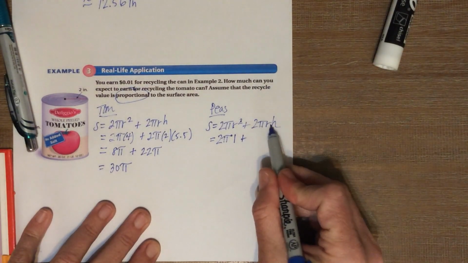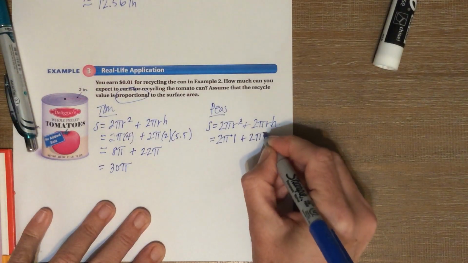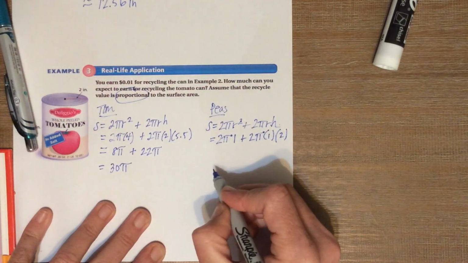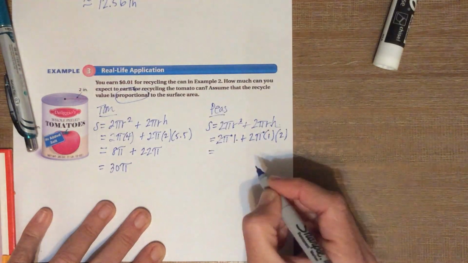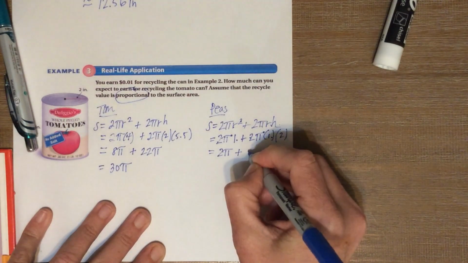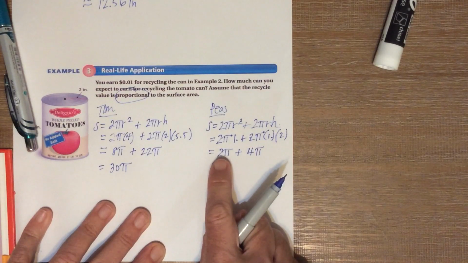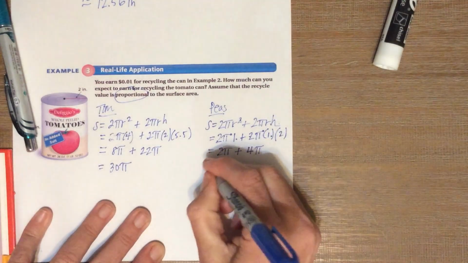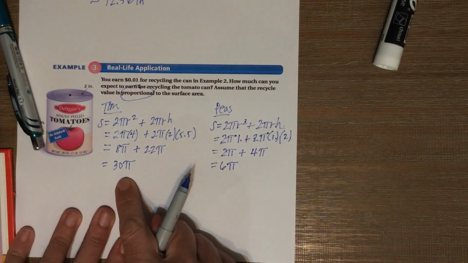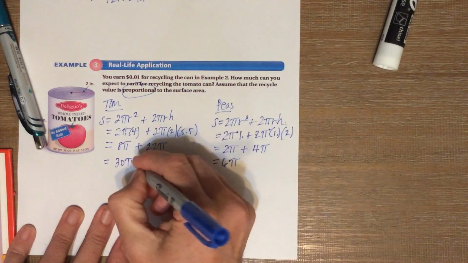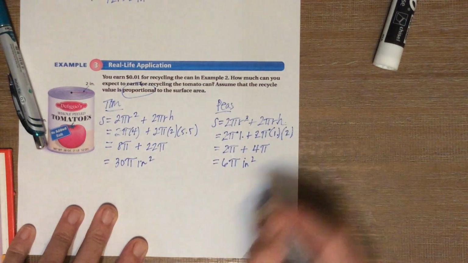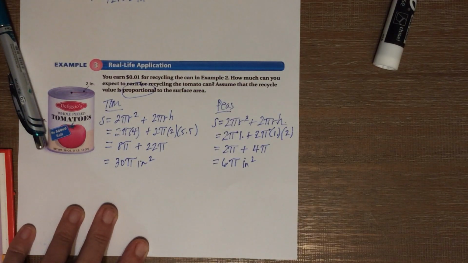Plus 2 pi RH, that's 2 pi 1. The height is 2. Simplify this all out. 2 times 1 is 2, so this is 2 pi. 2 times 1 times 2 is 4 pi. 2 pi plus 4 pi is equal to 6 pi. Obviously, we would include our units, so the tomato is 30 pi inches squared. Our peas is 6 pi inches squared, but these aren't our final answers anyway.